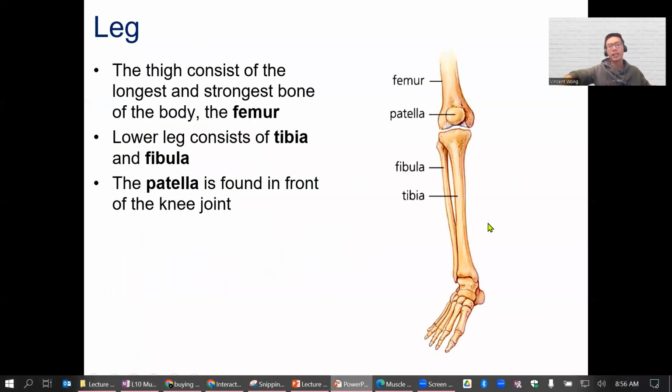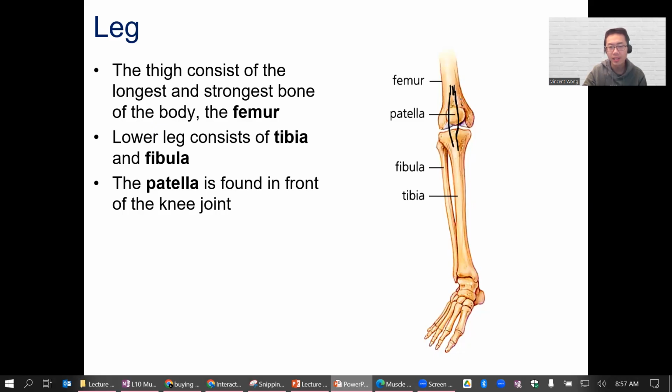Oh, I forgot the kneecap. Right, the kneecap is called the patella. Right? Patella. Patella is kind of special because there is a ligament that connects from the femur to the fibula, to the tibia, sorry.